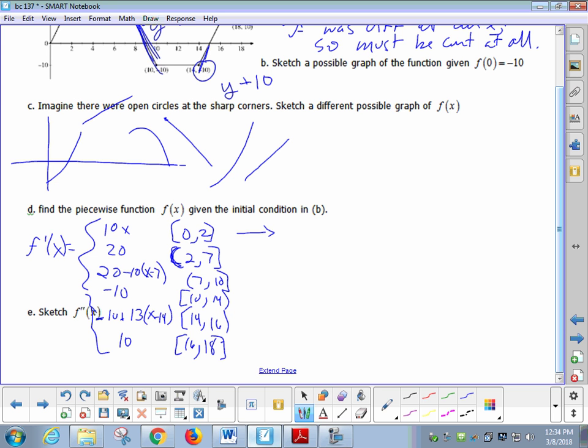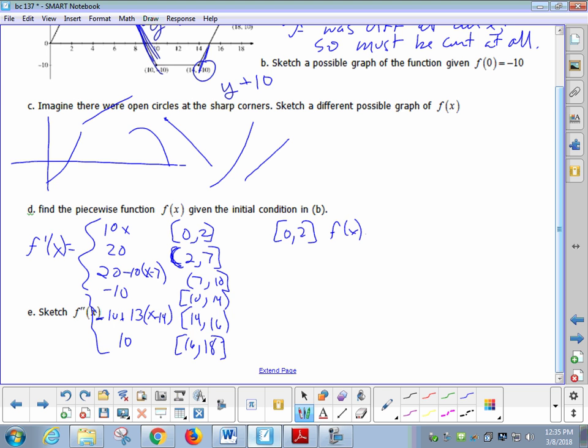When you go to integrate this, you should start with where you have the initial condition. We have an initial condition of f of 0 equals 2. So if I were to find f of x, this first branch here is to integrate negative 10x, let's go from 0 to 2.